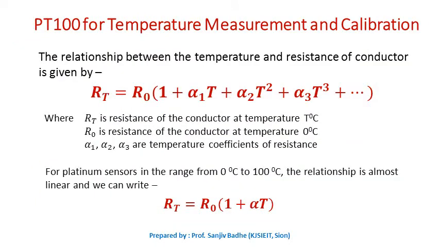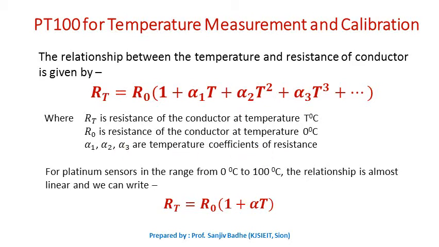Whenever the temperature of the conductor changes, its resistance also changes. This property can be utilized for measuring temperature. The temperature and resistance of the conductor are related by the relation RT equals R0 into bracket 1 plus alpha1 T plus alpha2 T square plus alpha3 T cube and so on. Here RT is the resistance of the conductor at temperature T degree centigrade, R0 is the resistance of the conductor at 0 degree centigrade, and alpha1, alpha2, alpha3 are the coefficients of resistance.